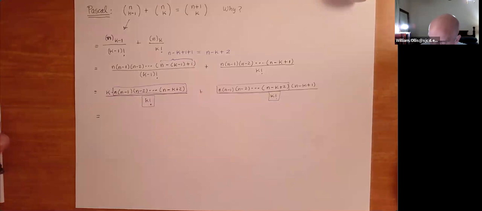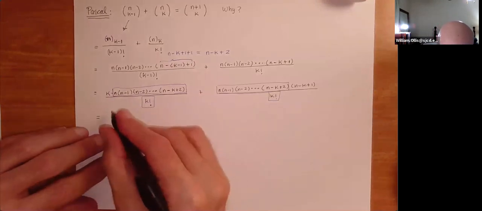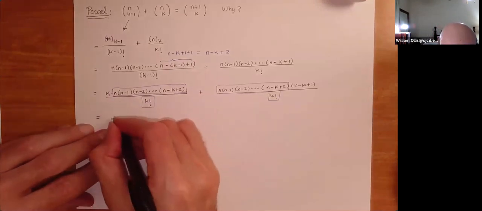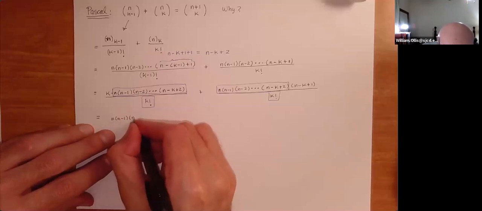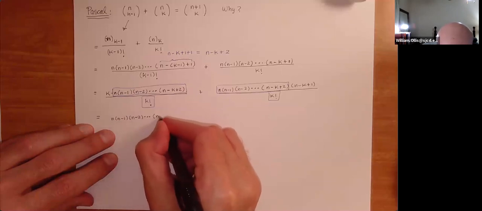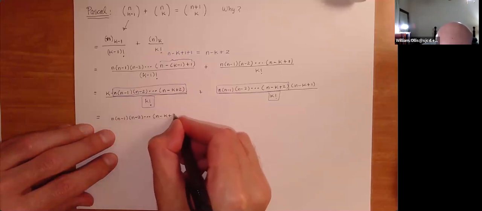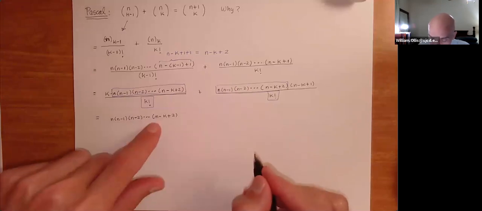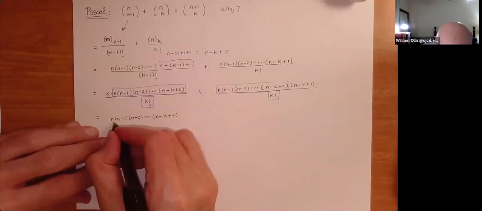So we're going to extract that. Now we have n minus 1, n minus 2, to n minus k plus 2, and we'll eventually rewrite that to reflect an n plus 1. We'll have the power to do it.